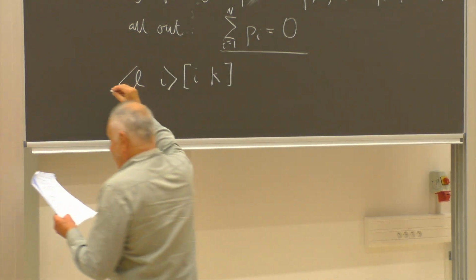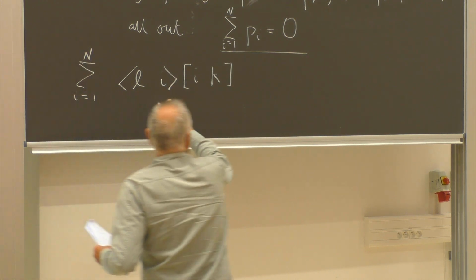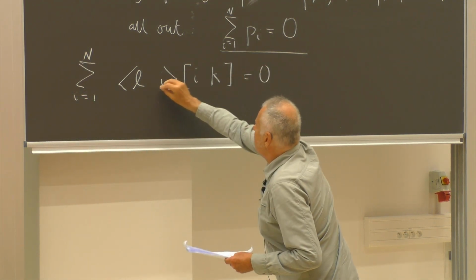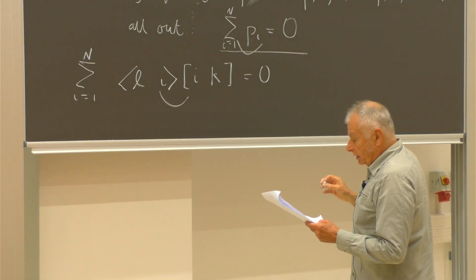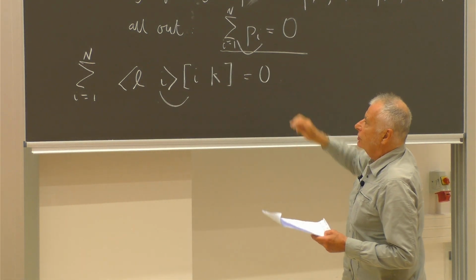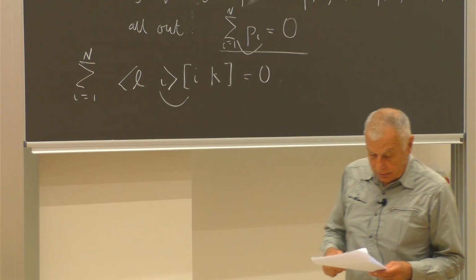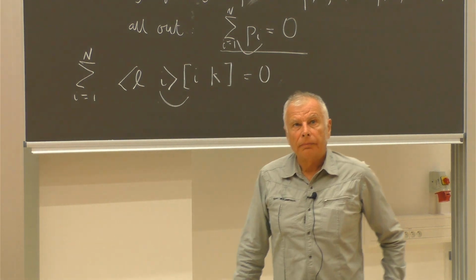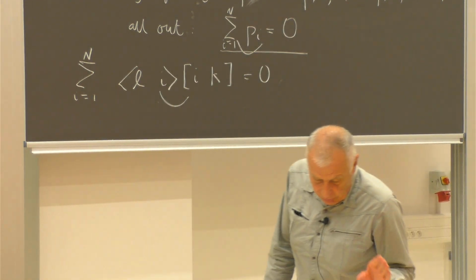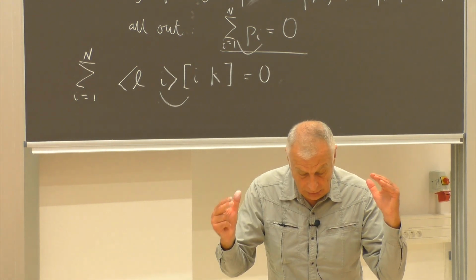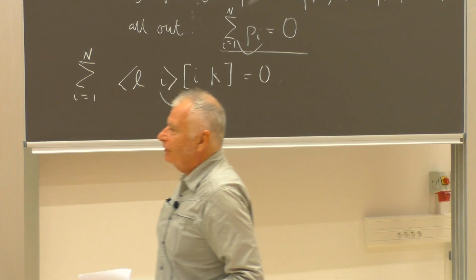And then you add up, and this will vanish. Okay? So this is the basic constraint of momentum conservation, written now in spinor notation. Okay? All right? So we took care of that. We have all particles coming out. Another thing is I want to write a general expression for the amplitude.